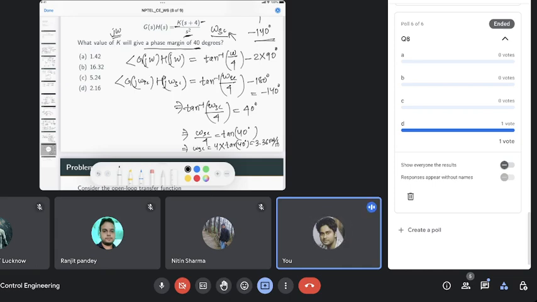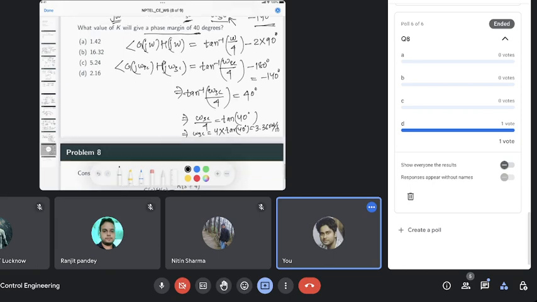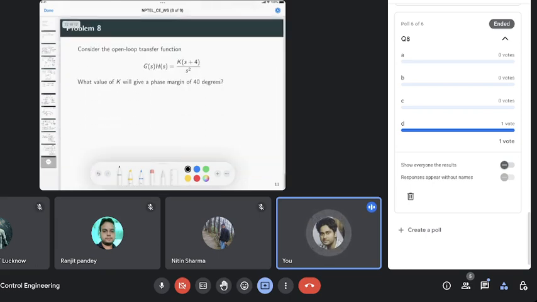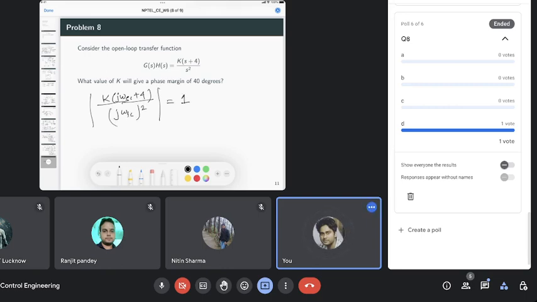Once you find this gain crossover frequency, then you find the value of k such that the gain will be 1, that is, in dB it should be 0 dB. So this gain is k times (j omega gain crossover plus 4) over (j omega gain crossover) squared. This magnitude should be equal to 1, or when you take 20 log it should be 0. Either of them you can use, because the logarithm of 1 is 0.